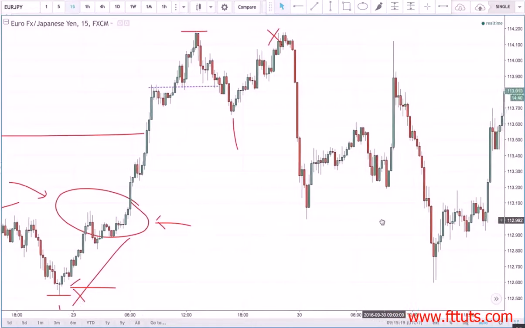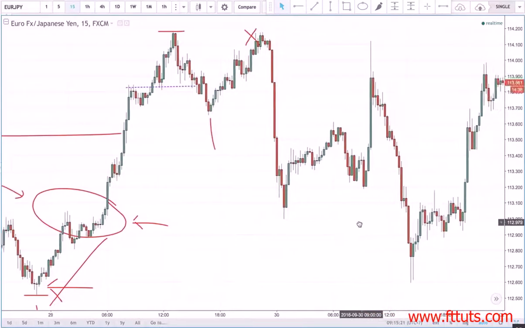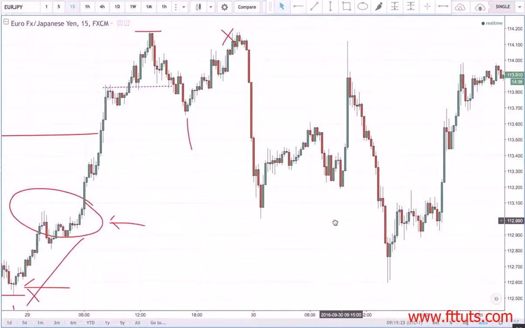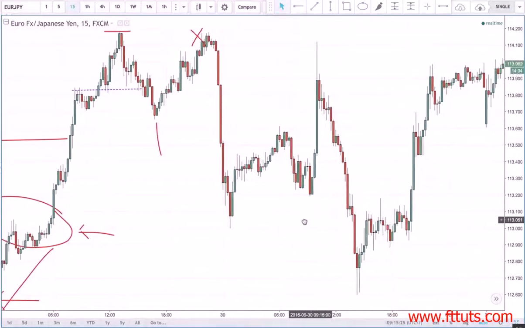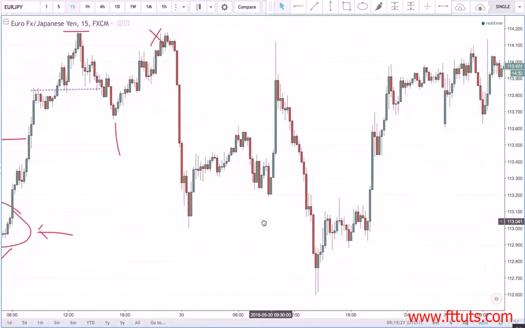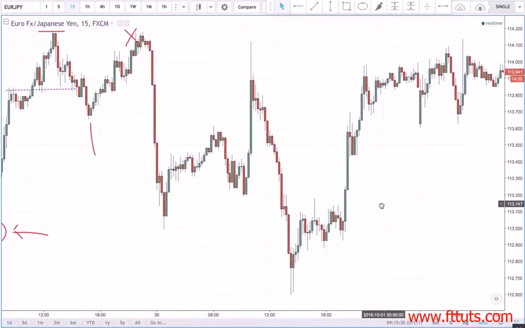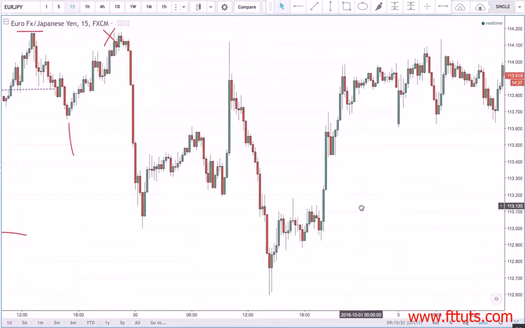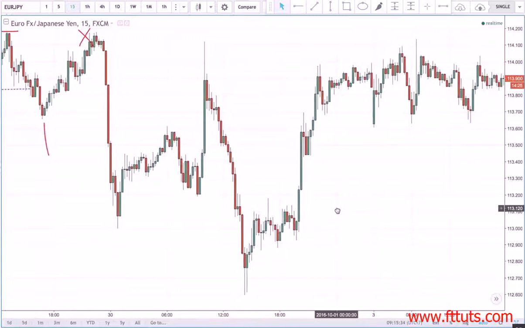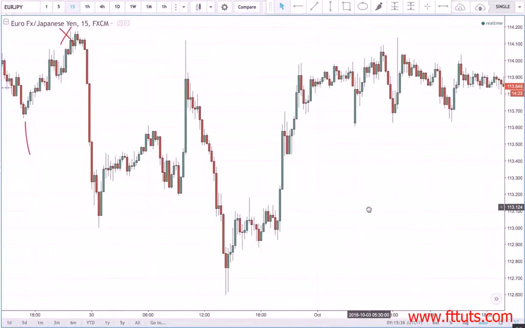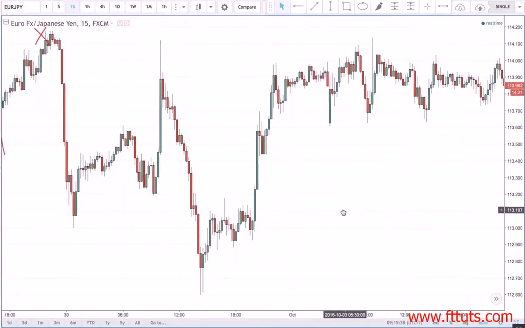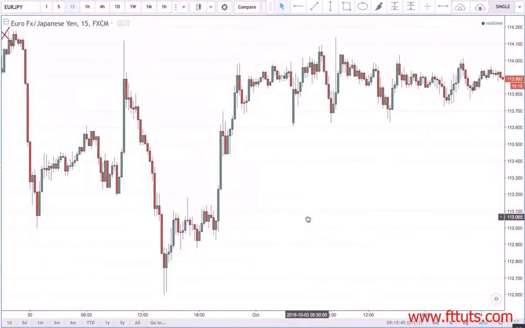It could possibly turn into a range because we're reattempting to hit the highs again. Notice how we're turning into a range here, but it's all buy biased. The bias is for a long. It's not for a short.